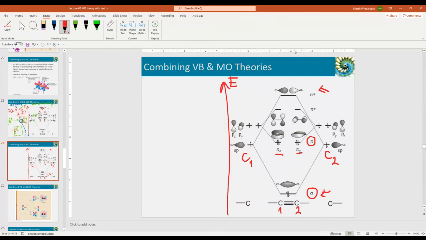So let's call it pi 1 and pi 2, or pi z and pi y. Okay, so this is something that you just have to know. Okay, so this is the MO diagram for the triple bond. So what about the MO diagram for the CH bond here now from acetylene? Okay, I'm going to do it in green here. Let me try again.